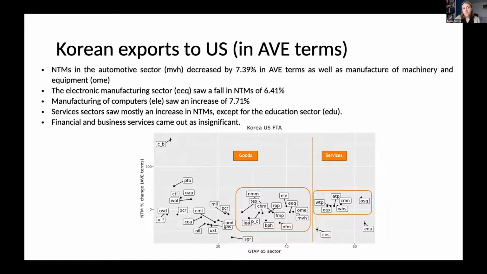And we also saw an increase in the manufacturing of computers. Then in terms of the services sectors, we struggled with significant issues in this one. Again, there's a similar trend in those four sectors as I highlighted before, and financial and business services came out as insignificant.